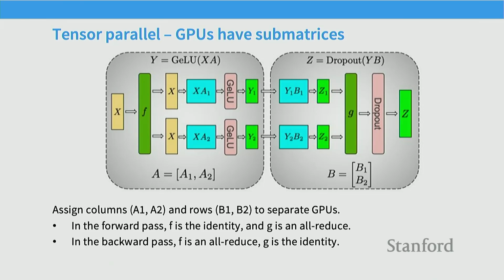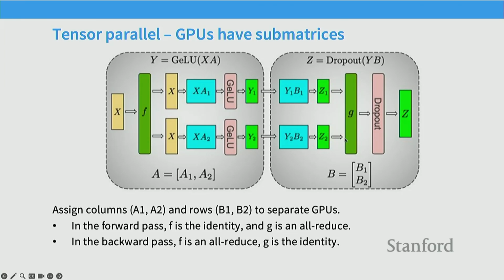In the backwards pass, it's actually the reverse. As the gradients come backwards in the backward steps, this G is going to be the identity. So I'm going to copy the derivatives on both sides, and I'm going to do the backwards operation all the way through. And once I get to F, this is an all reduce, right? Because I've got two derivatives coming in from both paths, and then I sum them back up.